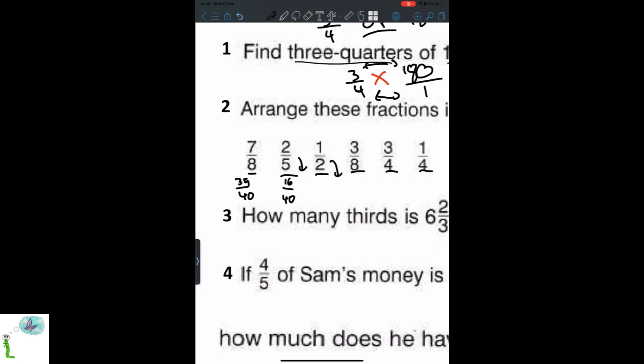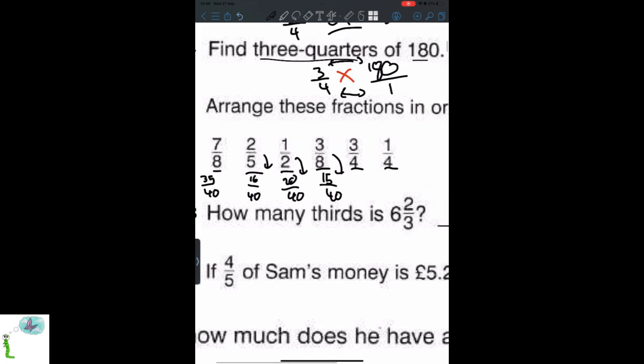This one, times the bottom by 20 to get 40, times the top by 20. This one, times by 5, 40. What do you times the top by? Same thing. 3 times 5, get 15.